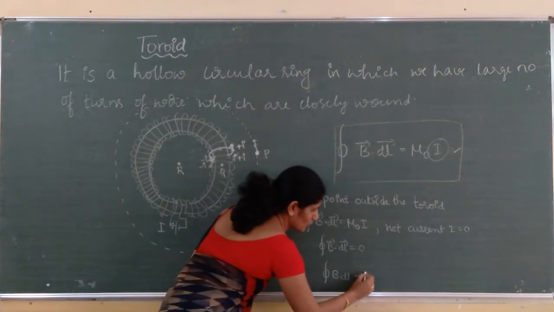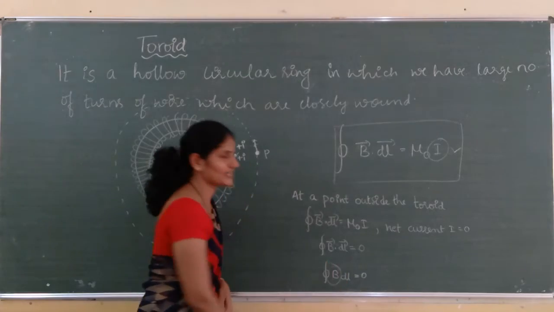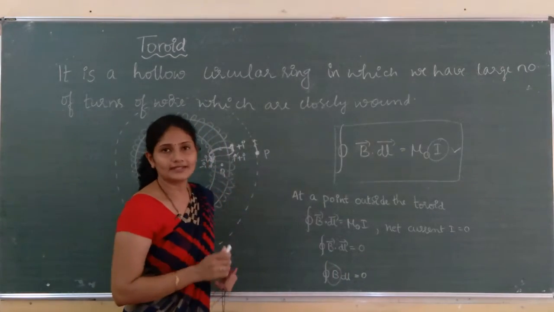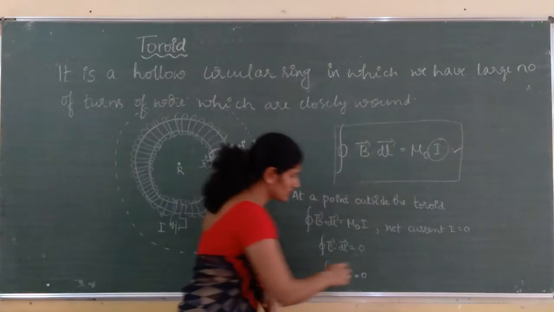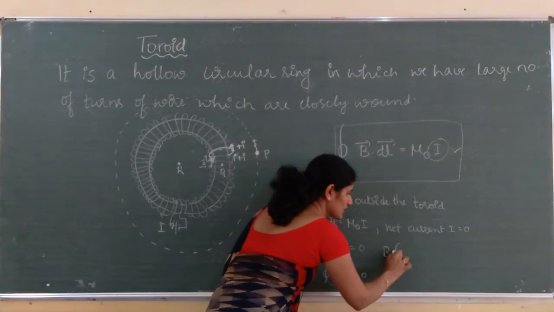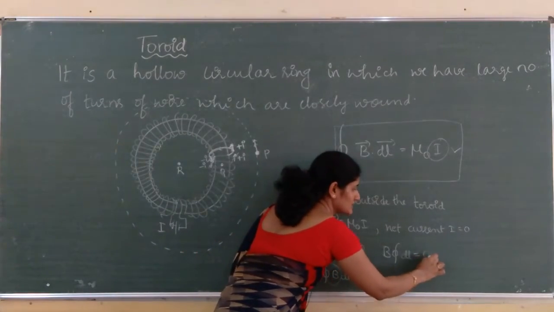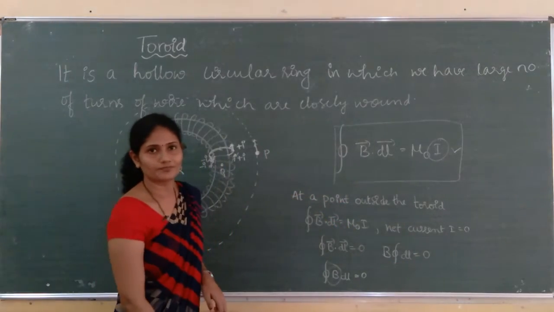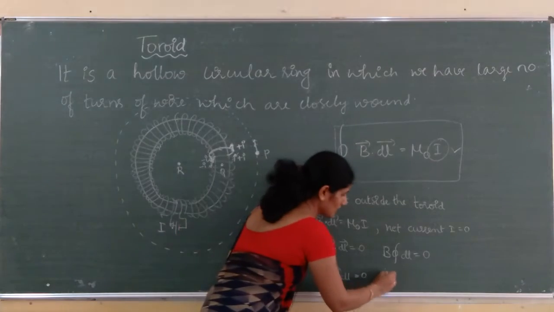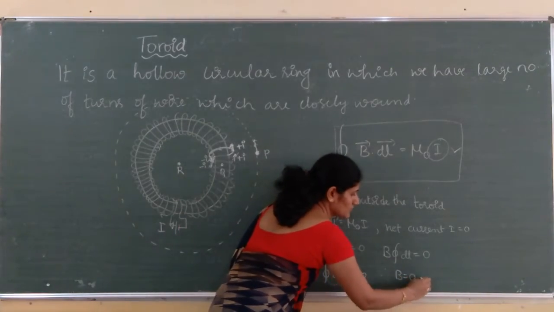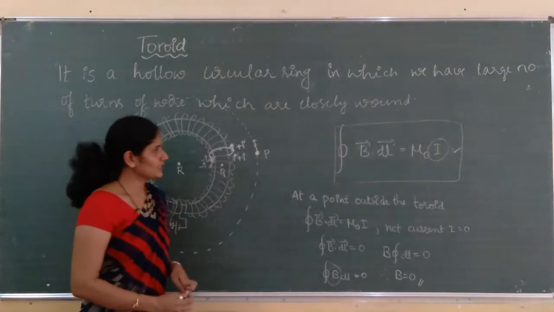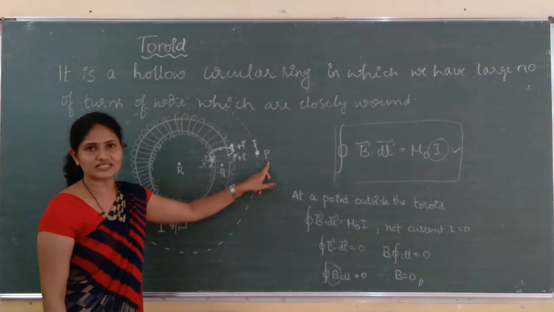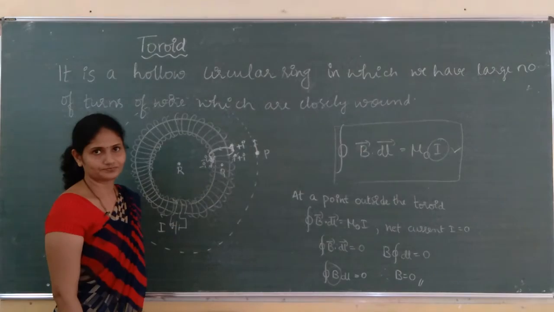So, B dl is equal to 0. Magnitude of magnetic field is the same because all the points are at the same distance from the center. So, B closed line integral dl is equal to 0. Here dl cannot be equal to 0. Therefore, B must be equal to 0. At a point outside the toroid, magnetic field B is equal to 0.